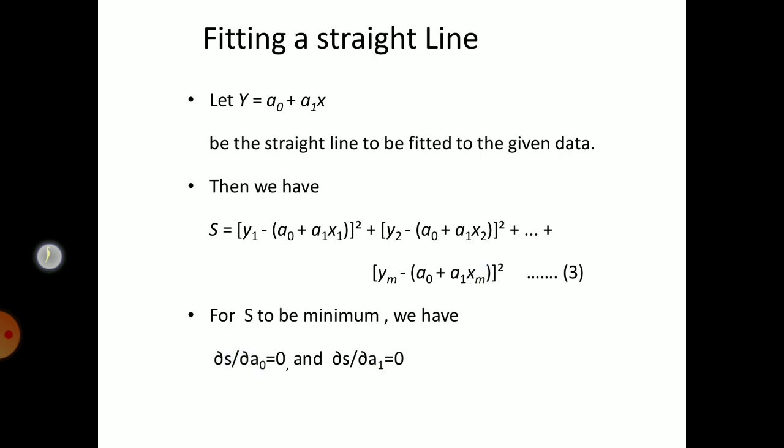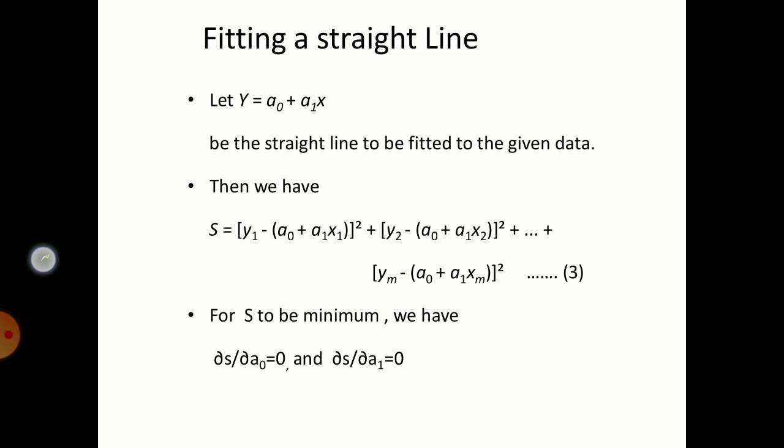To obtain dou S by dou a0 is equal to 0, we shall differentiate equation 3 with respect to a0. Here the derivative of this expression with respect to a0, as there is a square, means 2 times y1 minus (a0 plus a1 x1) into the derivative of y1 minus (a0 plus a1 x1).